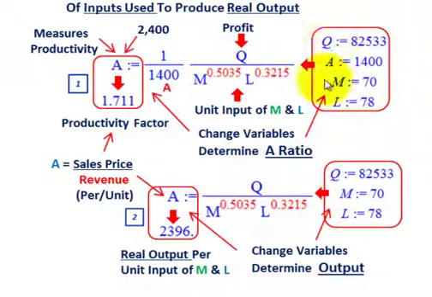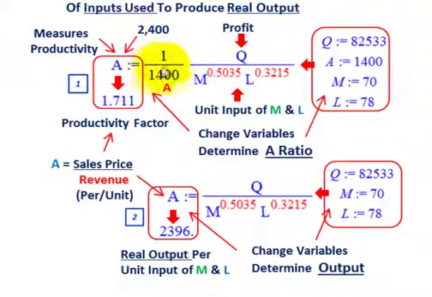Based on our inputs, that selling price of $1,400 and our Q of $82,533 profit, A would have come out to 1.711. And really what that's saying is we could have raised our selling price, our revenue per unit, from $1,400 up to $2,400.